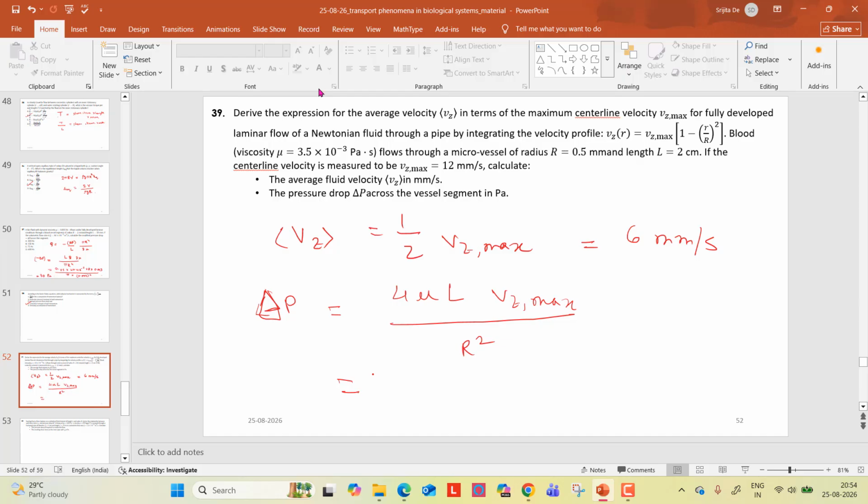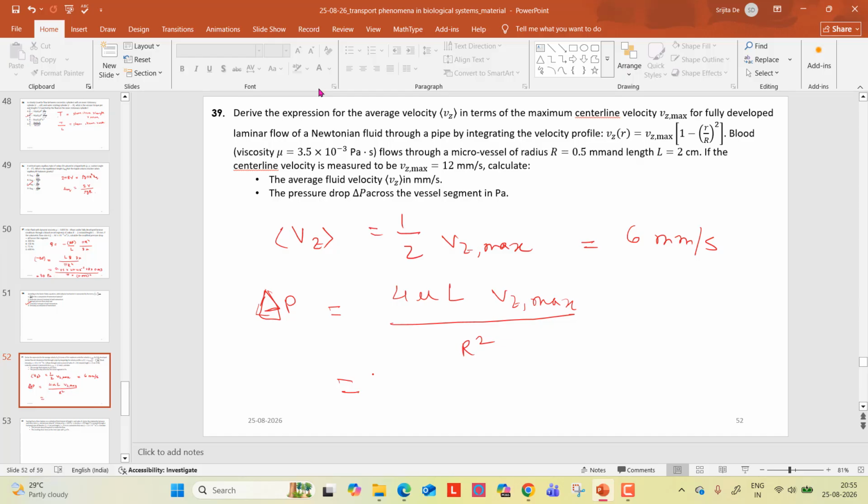So 4 into mu, viscosity, is 3.5 into 10 to the power minus 3. Into L is 2 centimeter, that means 0.02 meter. And Vz max is 12 millimeter per second, that means 0.012 meter per second.